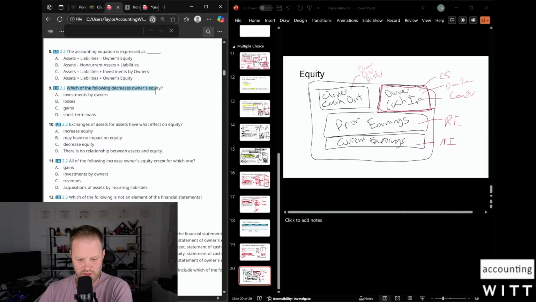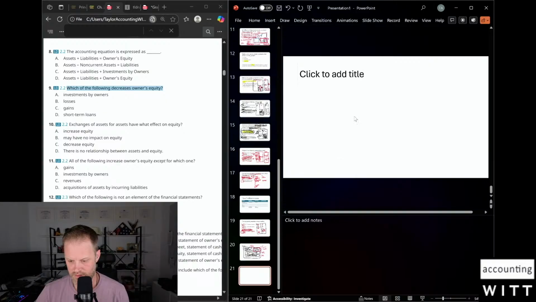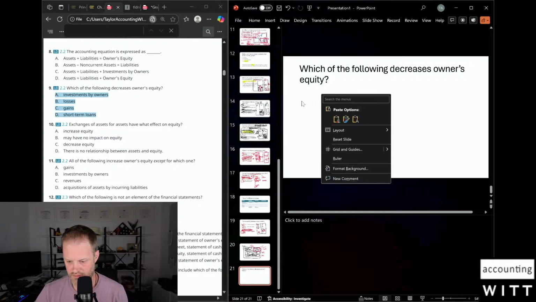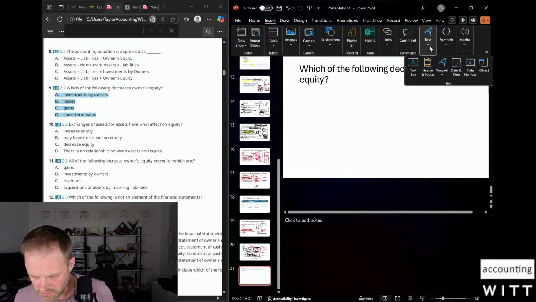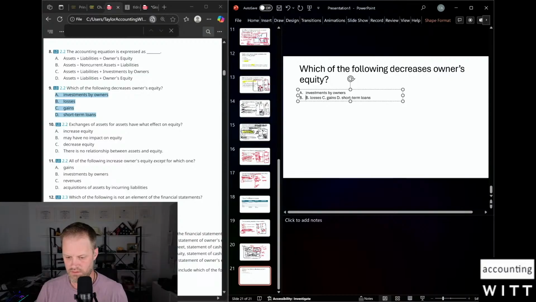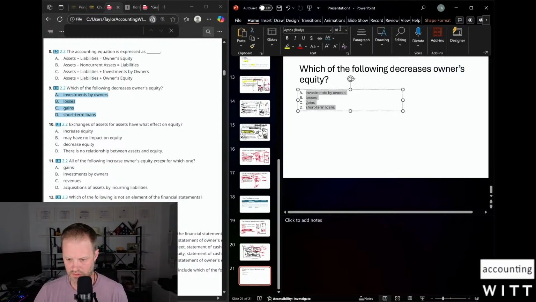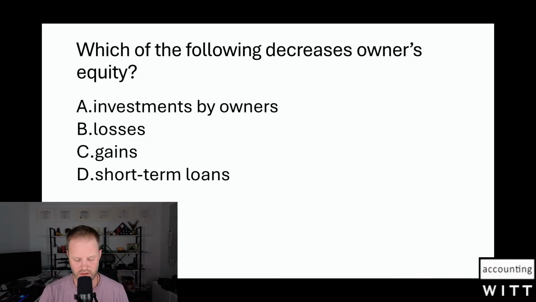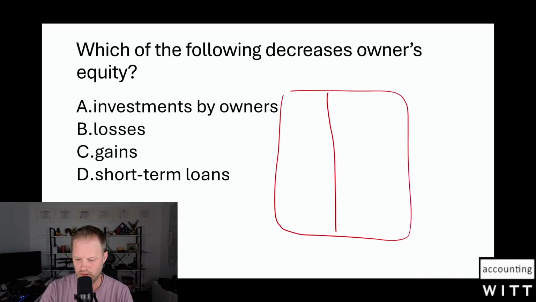All right, which of the following decreases owner's equity? All right, so we know that owner's equity has cash out, cash in, prior, current.